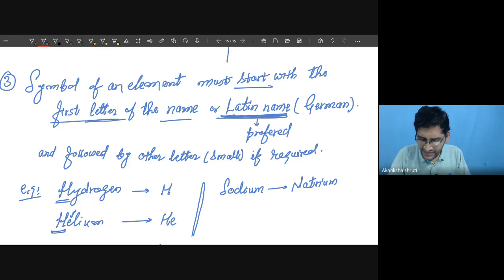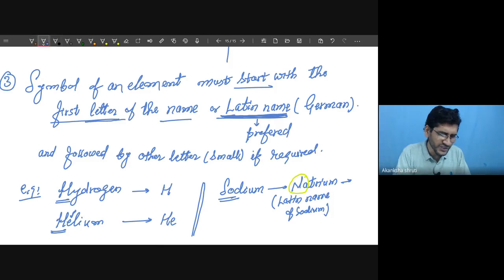So natrium is the Latin name of sodium. The symbol for sodium is taken from the two letters of its Latin name, so it is denoted by Na. Are you getting it? Not as S or So. Are you getting it, students? So considering this, we are going to write the various names and various symbols.